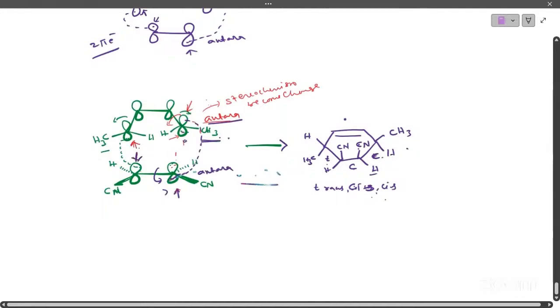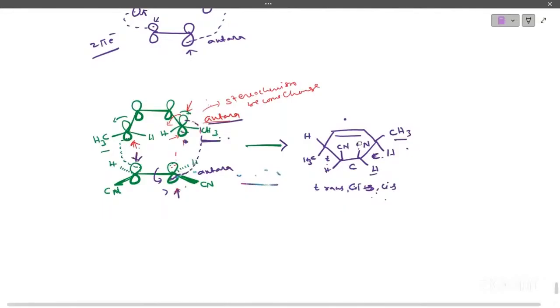Now, at this center, both the centers, the stereochemistry becomes inverted. Already we have written, this one is moving to above. Here, this becomes hydrogen, this becomes nitrogen.